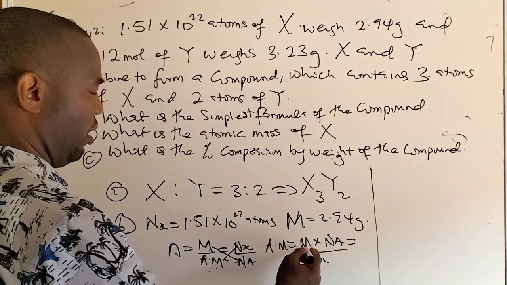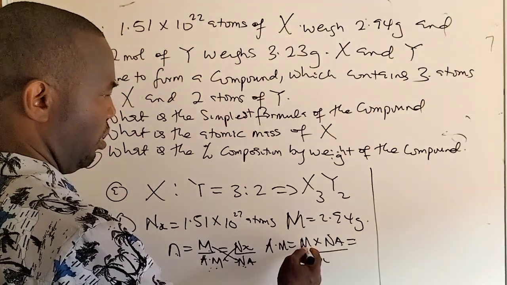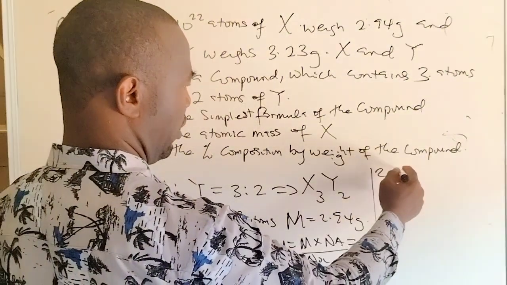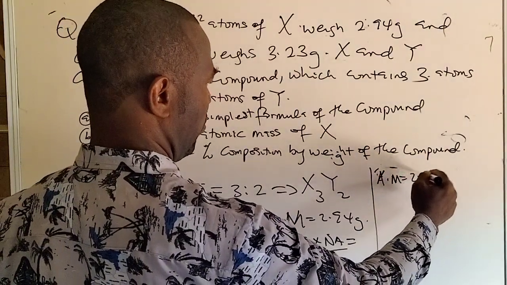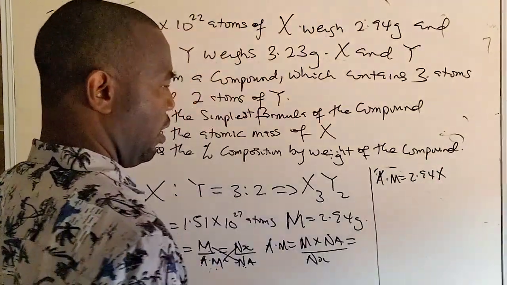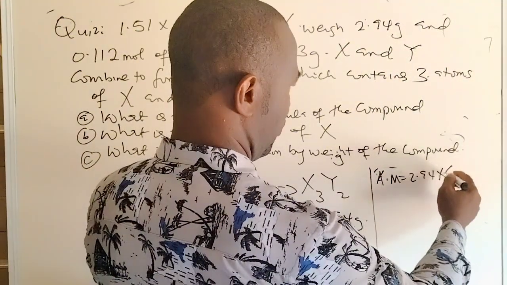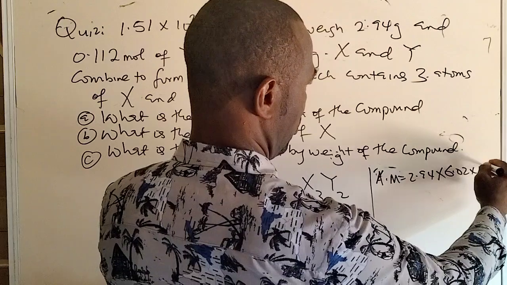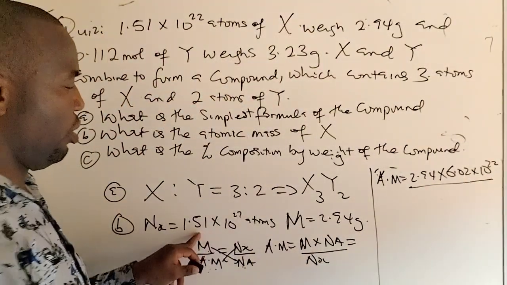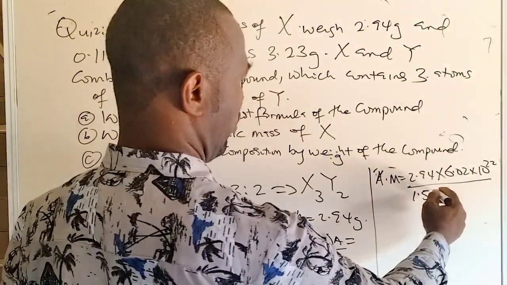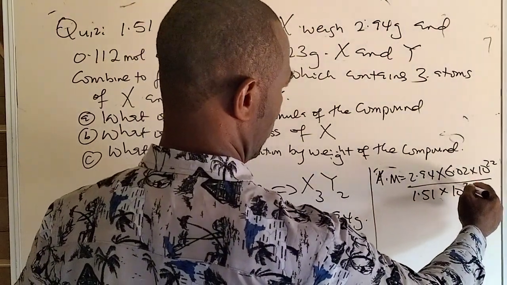The mass of the S is 2.94 grams of S times the Avogadro's constant, we know it is 6.02 power 22 all over, then the number of atoms, which is 1.51 times 10 power 22.